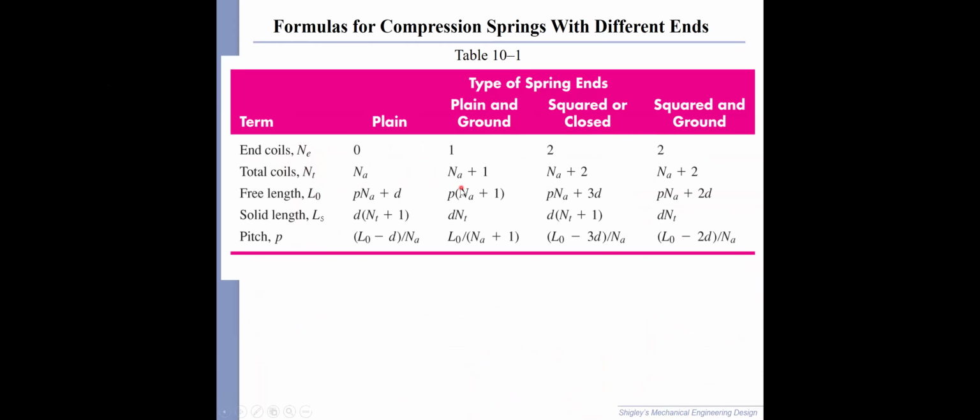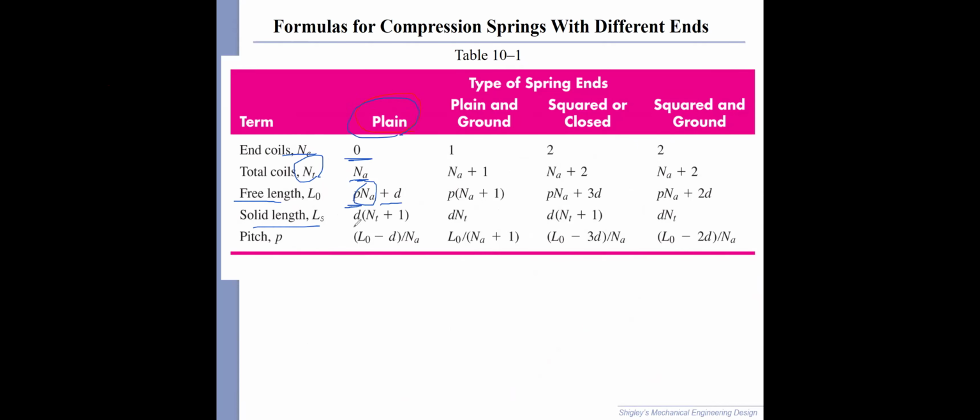There is a table listing all those coil values based on the end condition. For a plain end, the end coil equals 0, and the total coil equals the active coil number, and the free length equals the pitch P times NA plus the wire diameter.